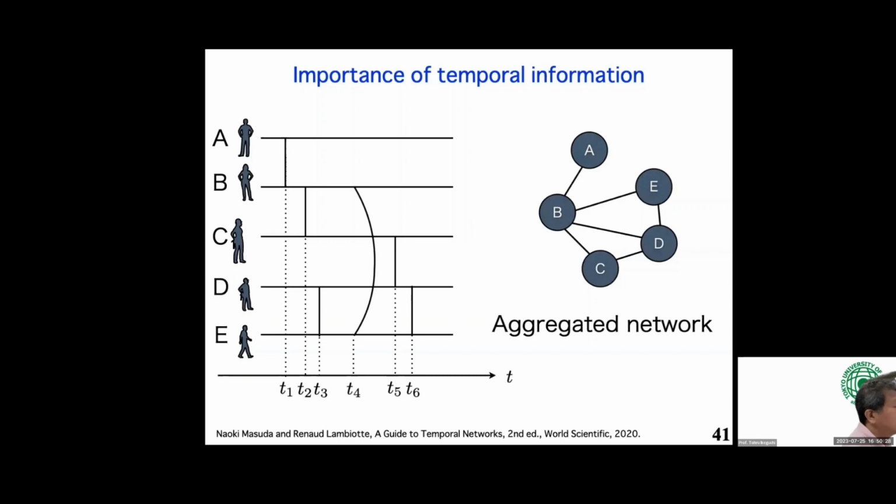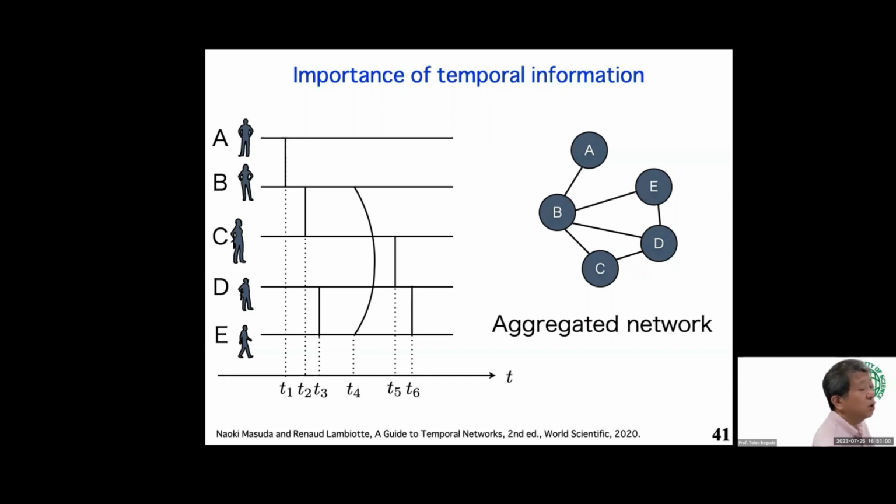Before going to the concrete examples, I'd like to discuss the importance of temporal information. Why is temporal information so important? Temporal information allows us to better understand the characteristics of the network. For example, please consider the figure on the left in the slide.